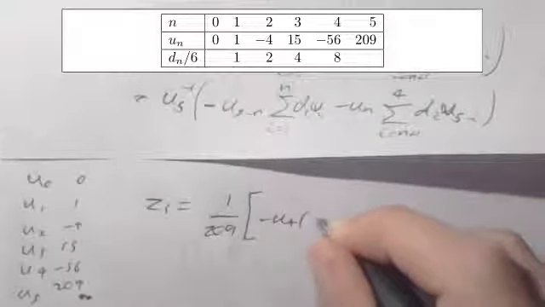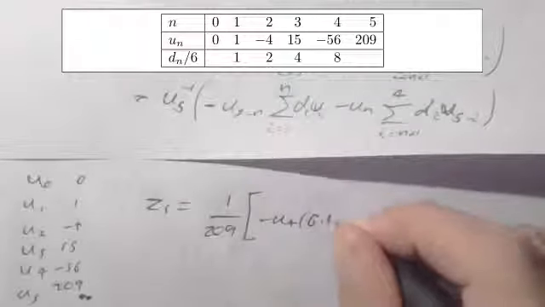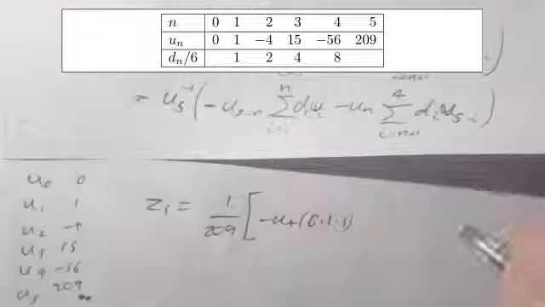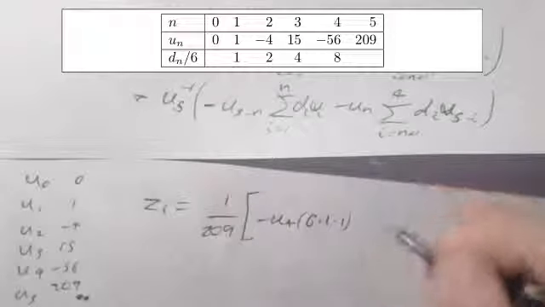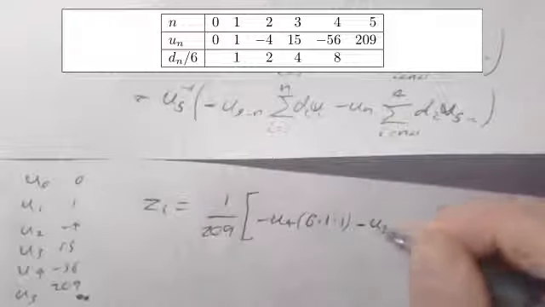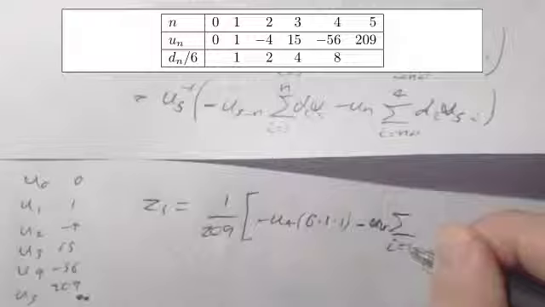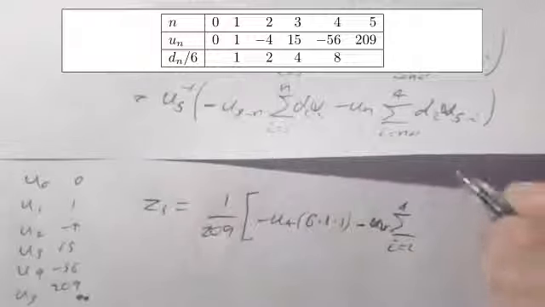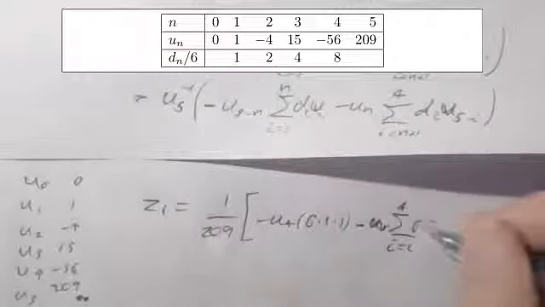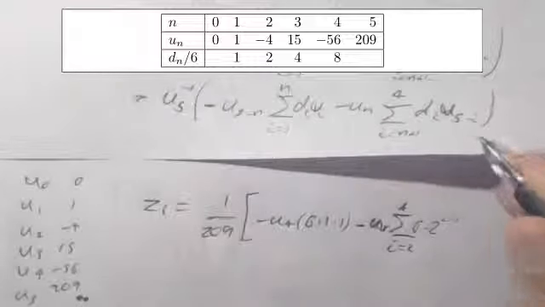The D1 is going to be 6 times 1, and U1 is 1. And then we've got minus Un, so minus U1, and U1 is just 1, times the sum I from 2 to 4, Di, so 6 times 2 to the I minus 1, U5 minus I.